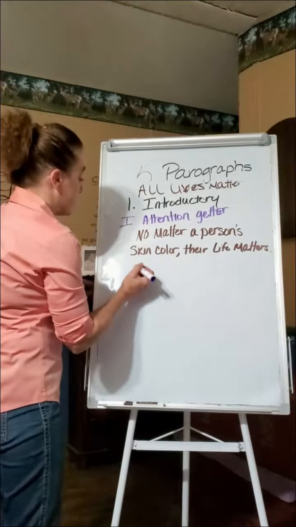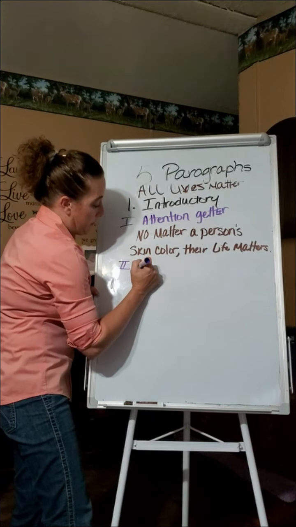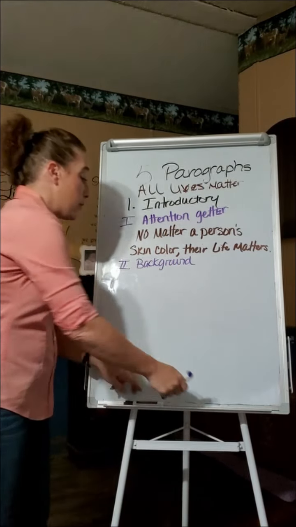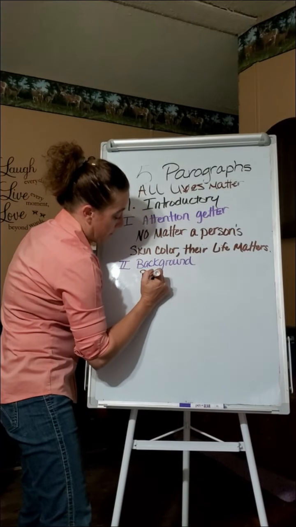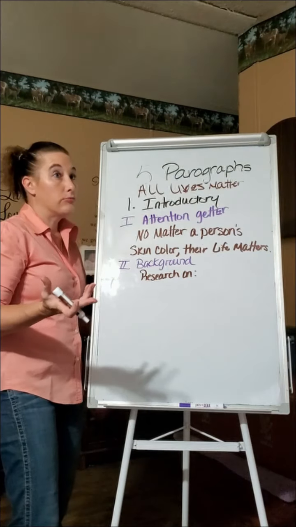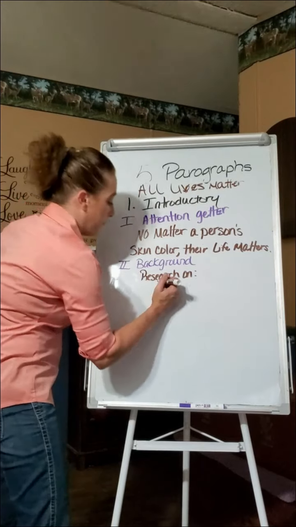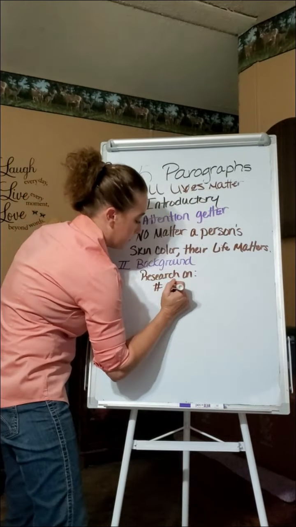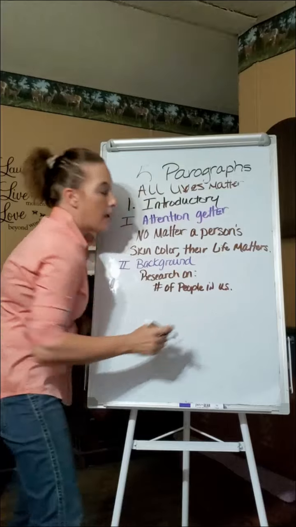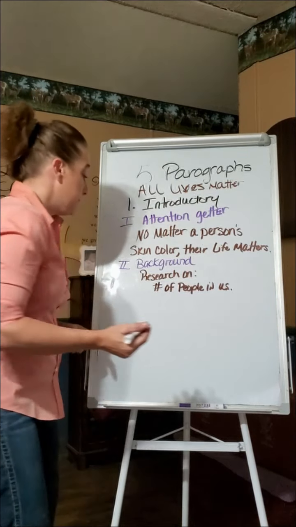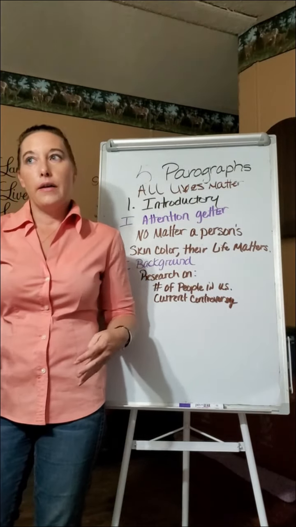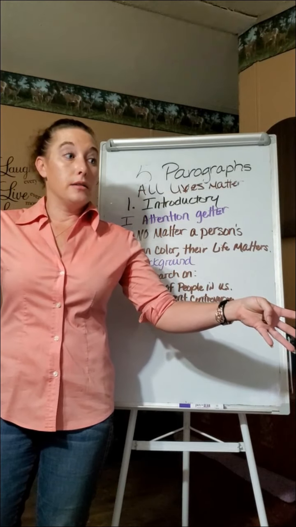After your attention getter, you have to do background information. Okay, so background would be research on, how about the number of people currently in the world, or in the U.S.? The current controversy, as far as black lives, white lives, purple lives, green lives, and every life.